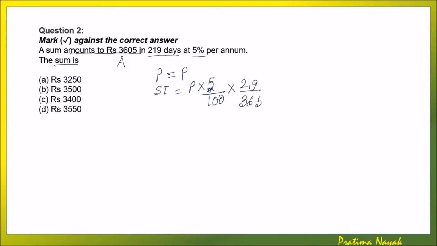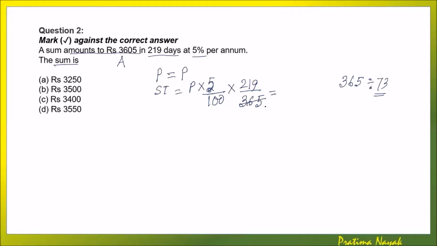Very interestingly, if you remember this, 365 is divisible by 73. That is a very important thing. You can do many questions if you remember this, because most of the times questions are asked in days, and you have to convert.